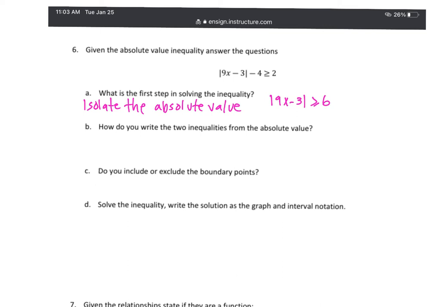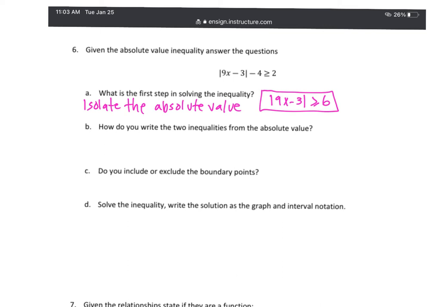It would be really difficult to say the absolute value minus 4 is greater than or equal to negative 2 or positive 2. So it's very important to isolate the absolute value first. Then, from that, we can write the two equations or inequalities that relate that greater than or equal to 6.